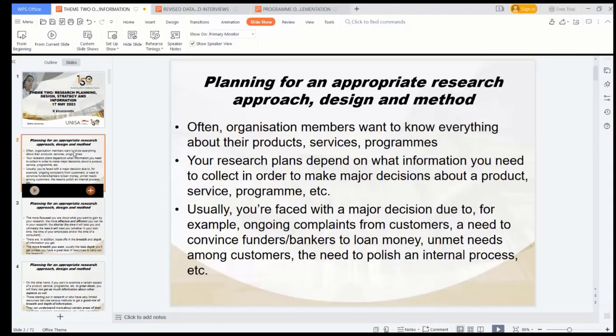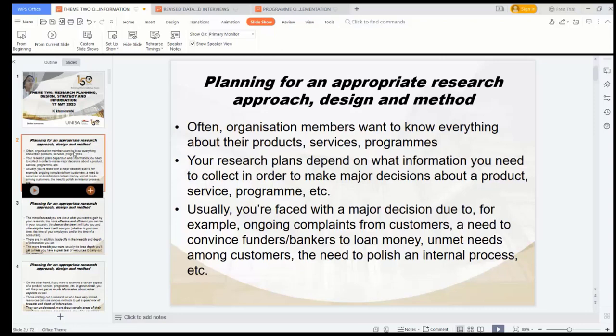As an introduction, the first slide is actually to introduce the topic. It says, often organization members want to know everything about their products, services, and programs. And the research plans depend on what information you need to collect in order to make major decisions about a product, services, and program.